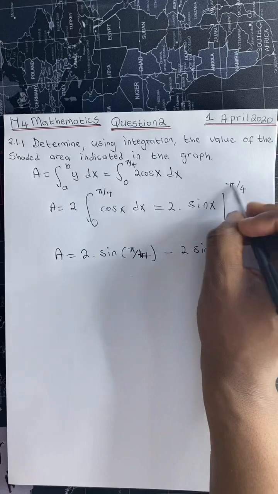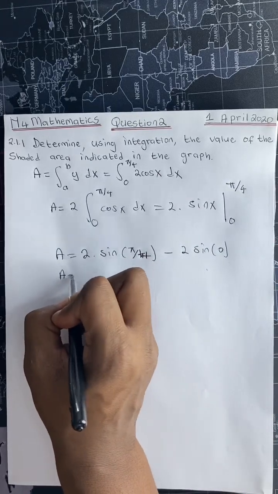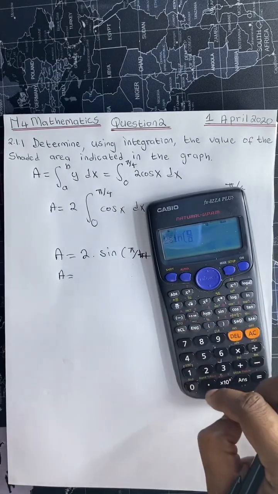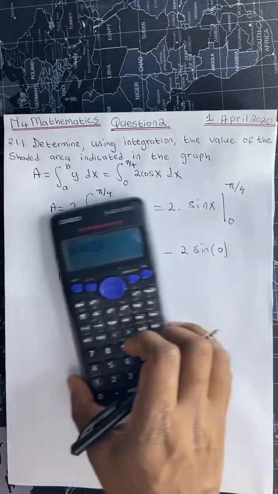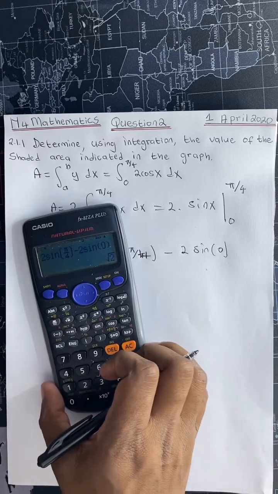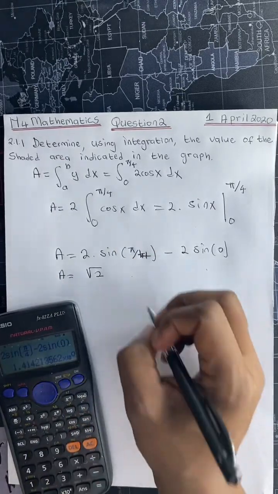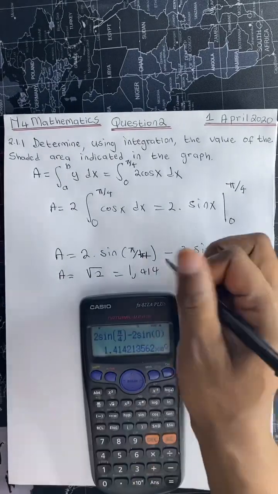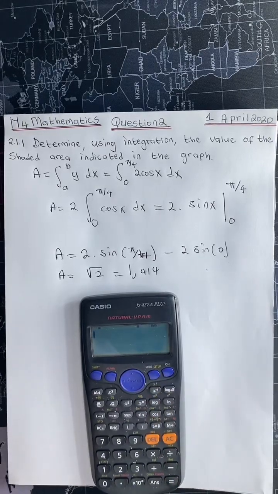So we substitute that pi over 4 first, and then we substitute that 0 later. So the area will be equal to 2 sine of pi over 4 minus 2 sine 0, and this will be equal to the square root of 2, which is also equal to 1,414. So we are given pi, so our calculator has to be in radians and not degrees.